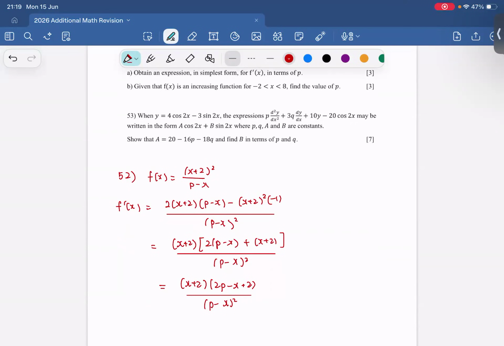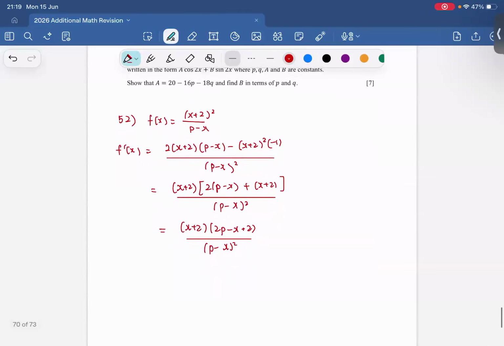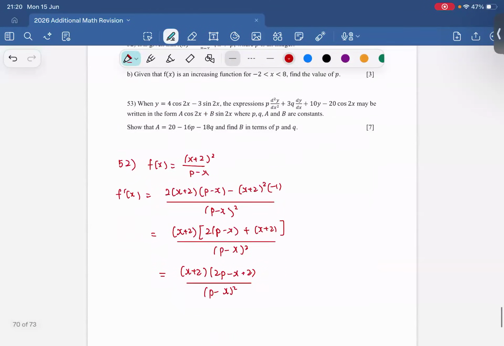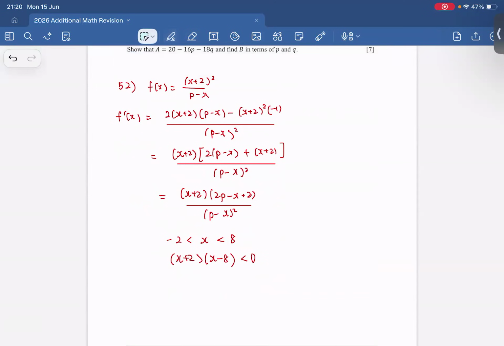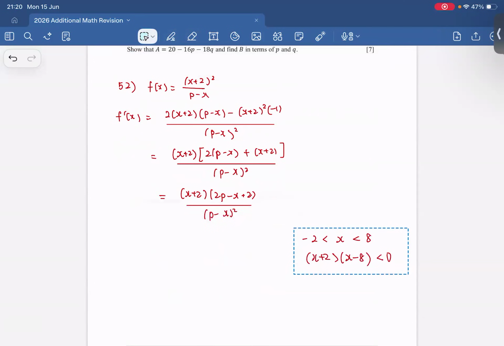Given that f(x) is increasing from this to this, find the value of p. So this is the reverse of the whole thing. Given that f(x) is increasing, whenever you solve this, what is the step before that? The step before that is this must be less than 0. So this is from the answer part. Then later we compare.